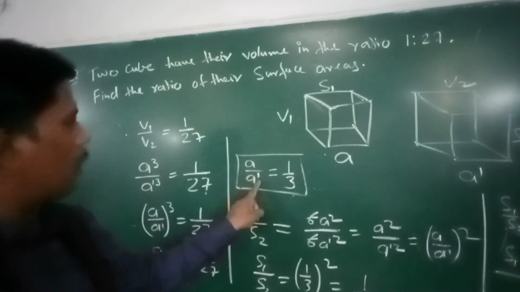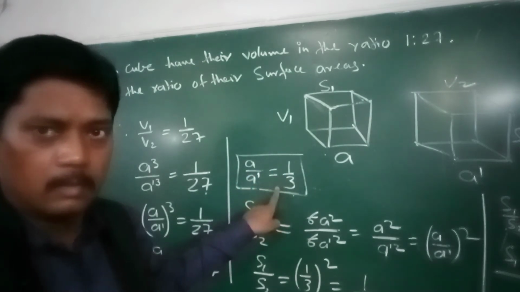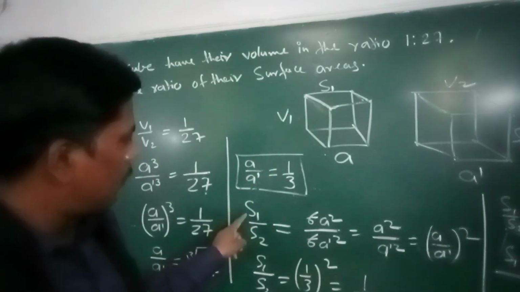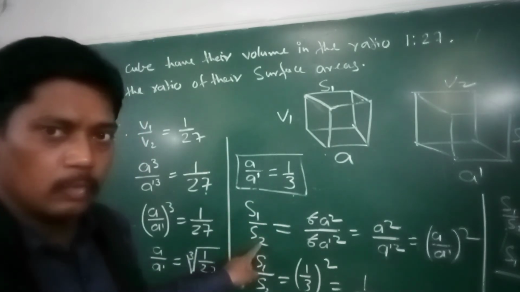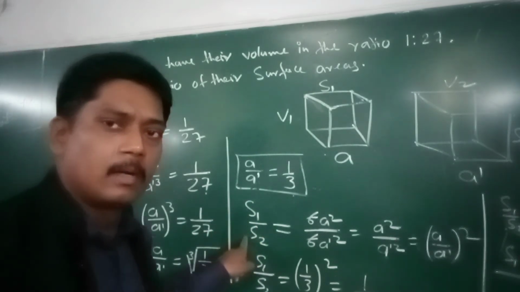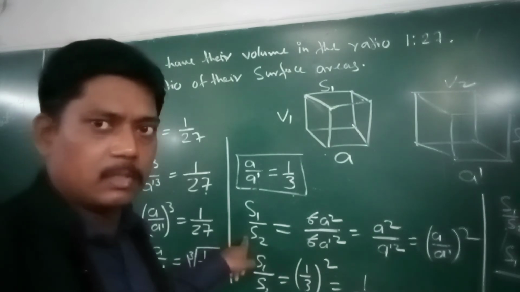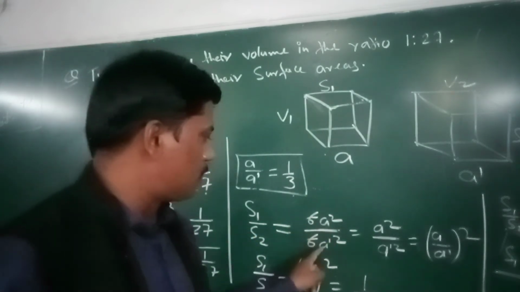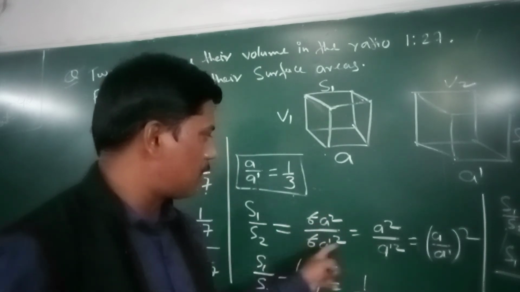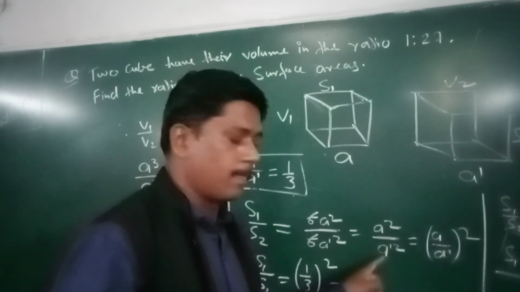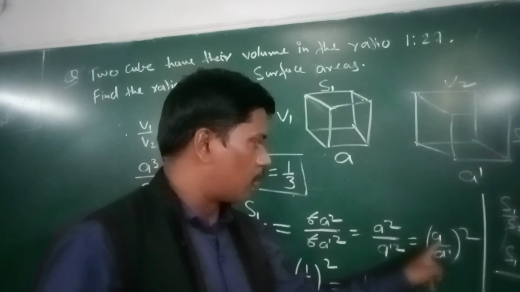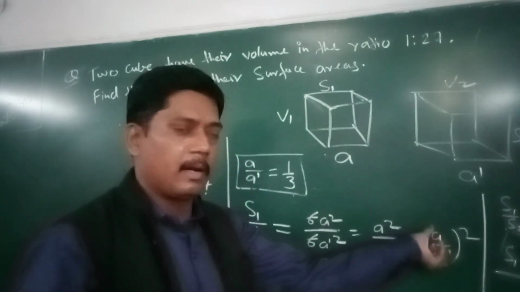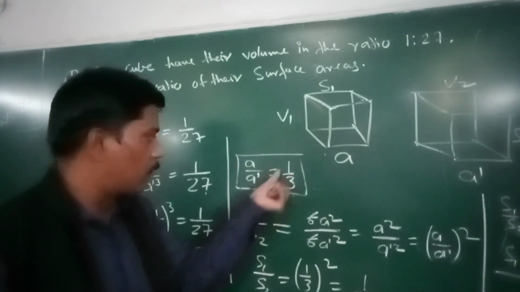So A upon A dash is equal to 1 by 3, which is the ratio of their sides. Now we find S1 upon S2, where S1 and S2 are the surface areas of the first and second cubes, and the surface area equals 6 A square upon 6 A dash square. Now 6 cancels out, leaving A square upon A dash square. Now we can take the common square, A upon A dash whole square, and the value of A upon A dash is already given as 1 by 3.